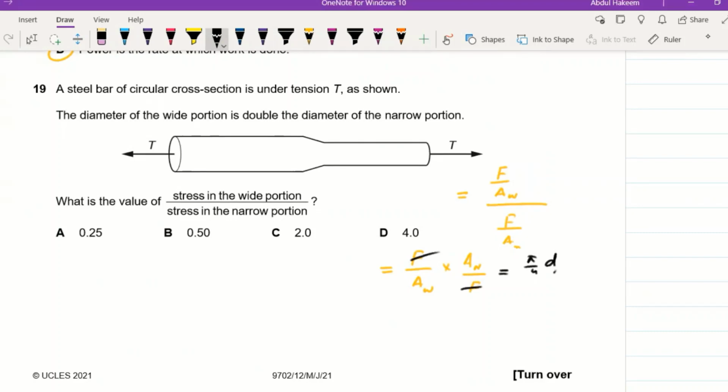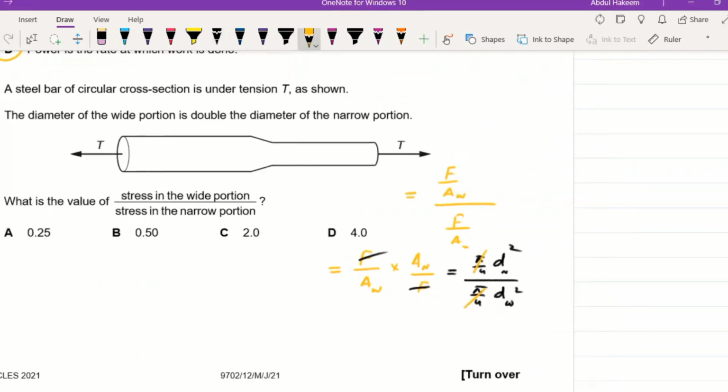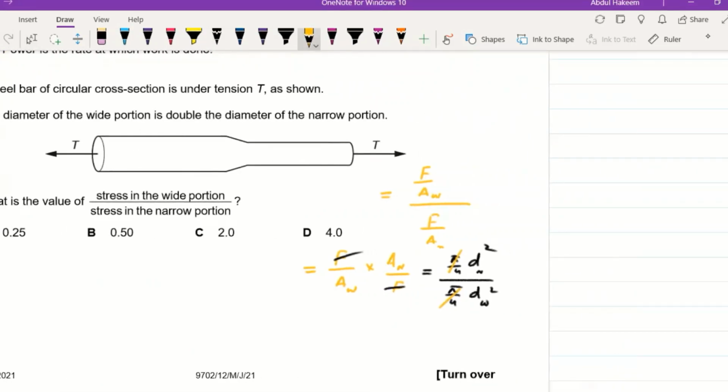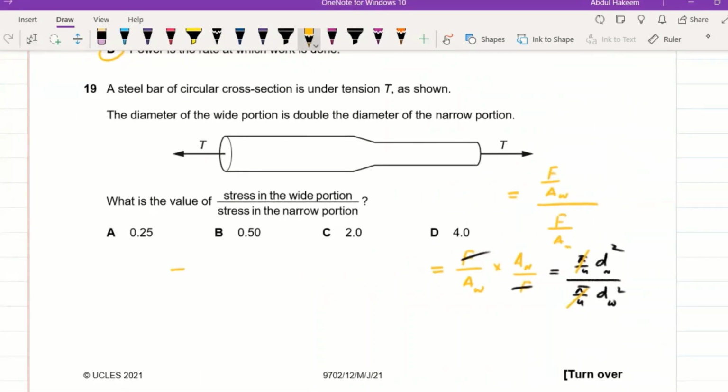So the diameter of the narrow squared divided by pi by 4 of the diameter of the wide squared. Again, pi by 4 cancelled. Now the wide diameter is double that, so we can write D squared for the narrow divided by (2D) squared for the wide. So it is D squared divided by 4D squared. Again, D squared cancelled. So it becomes 1 by 4, which is 0.25. So the answer is A.